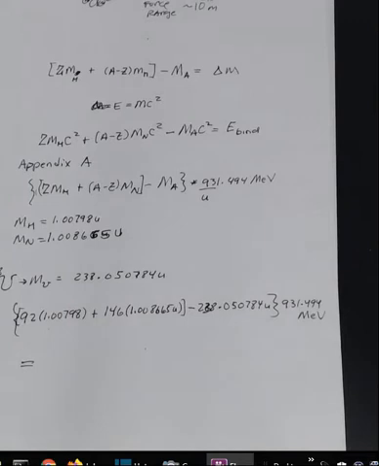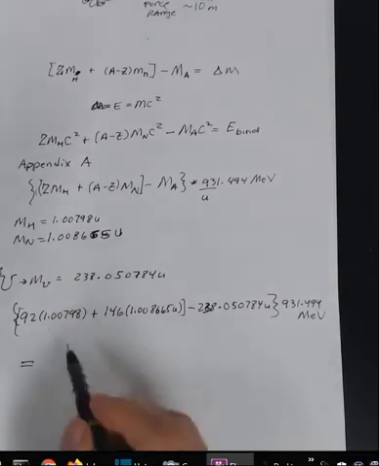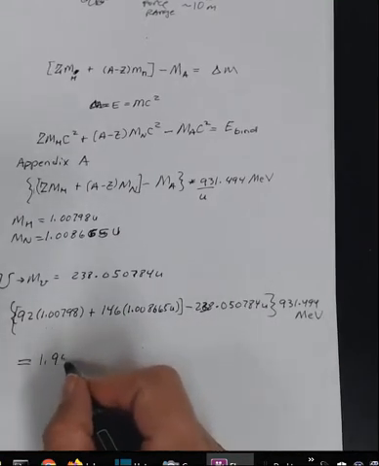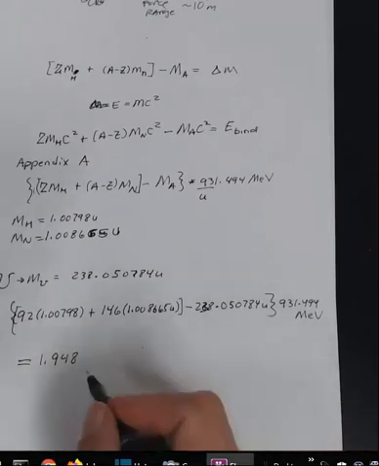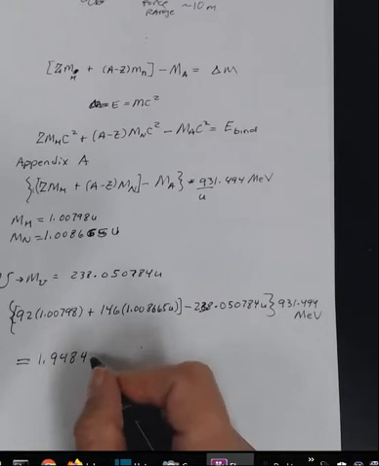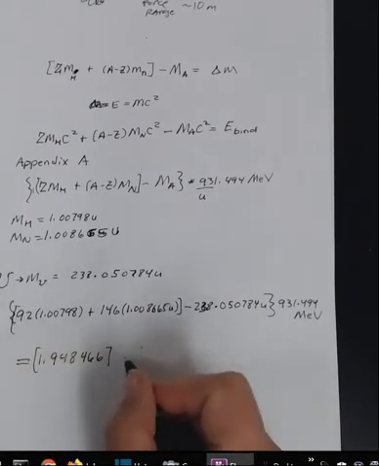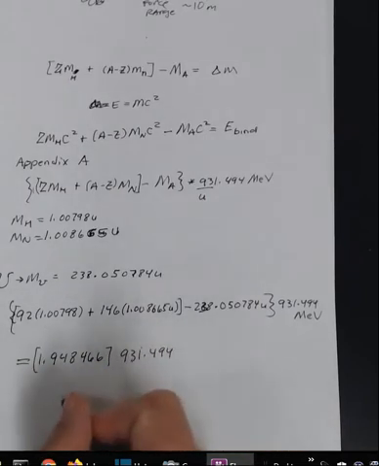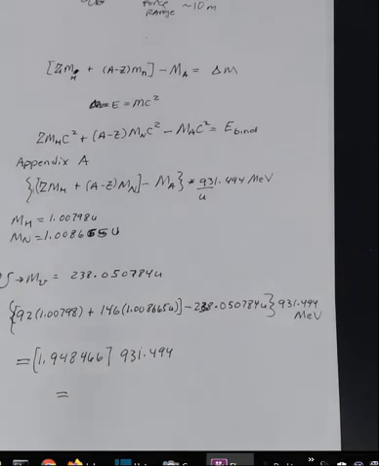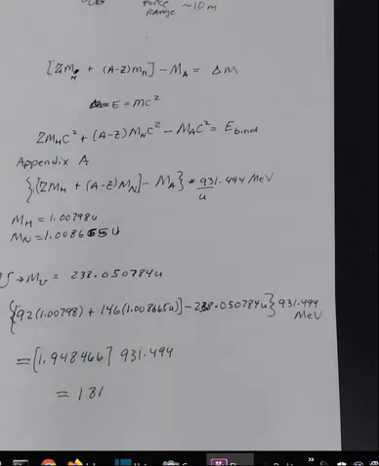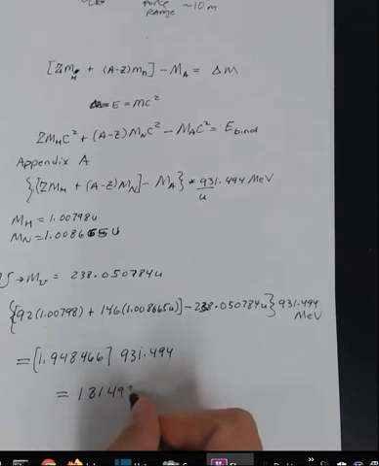I get a difference in the brackets of 1.948466, and then I need to multiply that by 931.494.